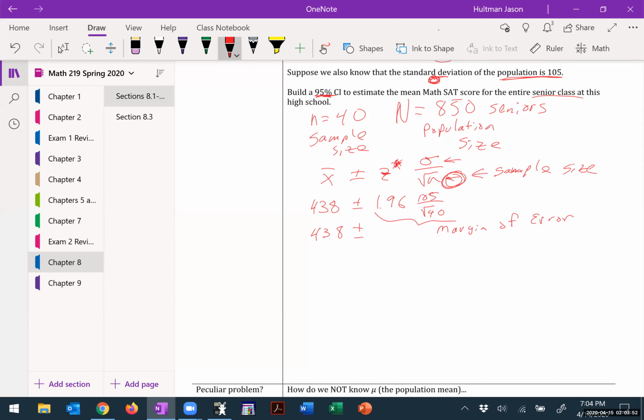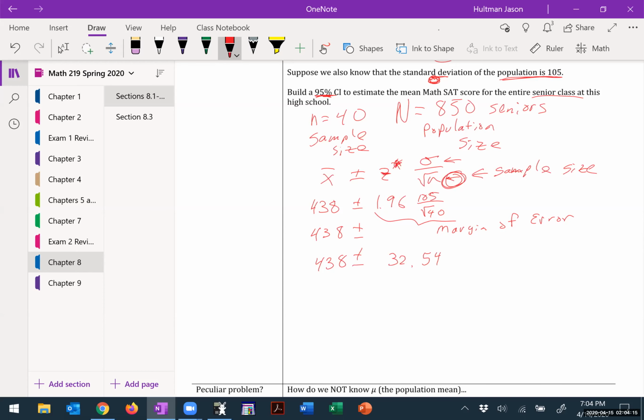So I want to add and subtract the margin of error, 1.96 times 105 divided by the square root of 40. Okay, that's going to be 438 plus or minus about 32.54. I'm just going to go out 2 decimal places.